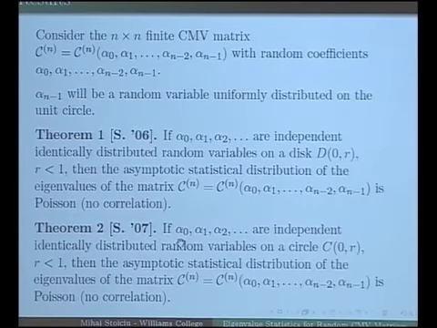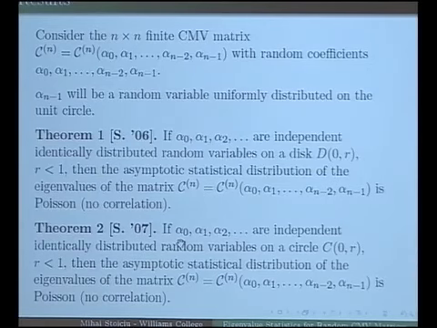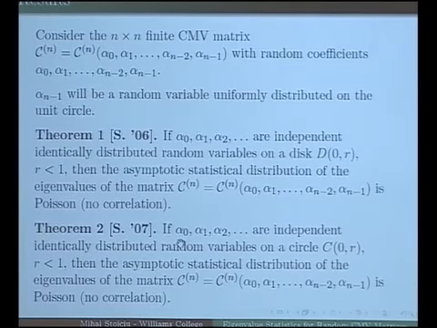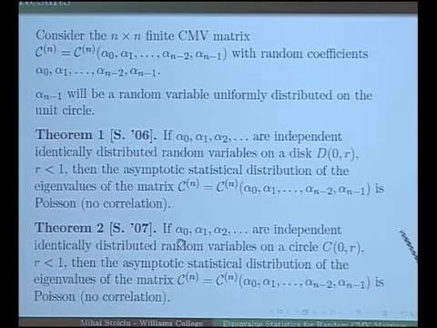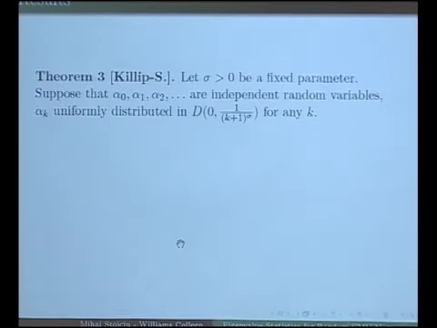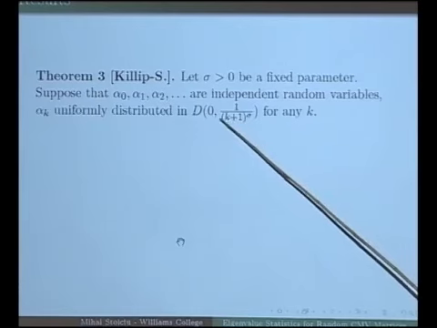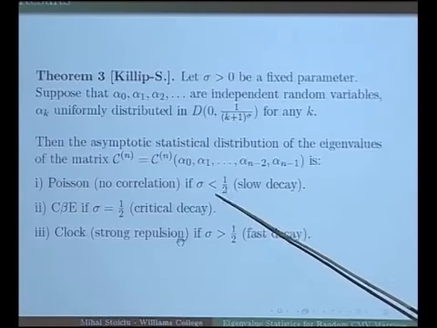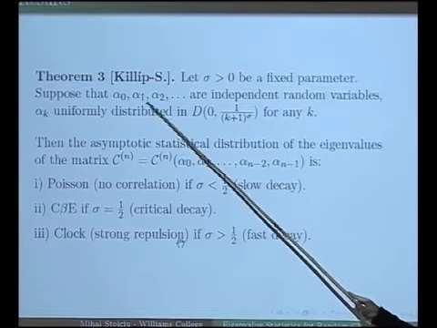Then we have a Poisson distribution. Remember, this is the case of no decay. As n tends to infinity, and I will make this very rigorous in a little bit, what I mean by this is that the limit of a certain quantity gives a Poisson law. So disk, circle, Poisson.